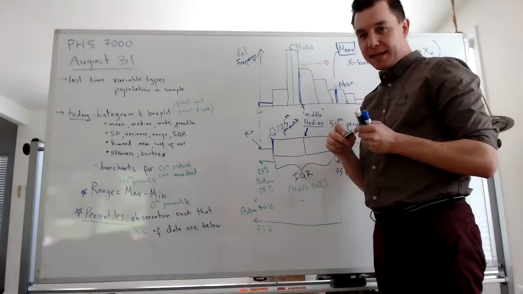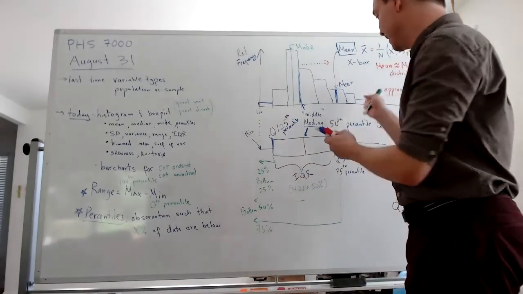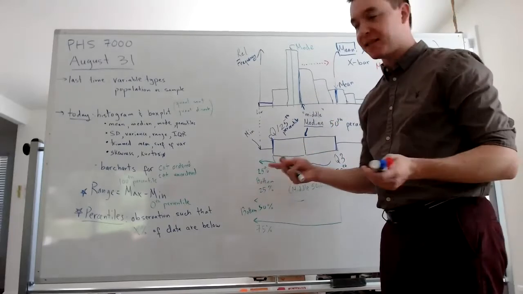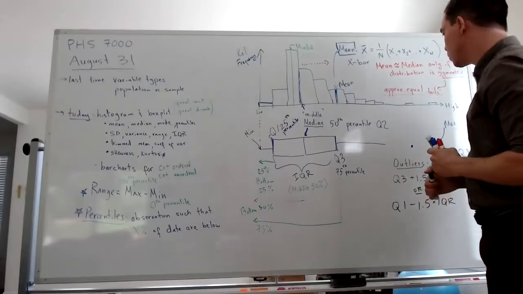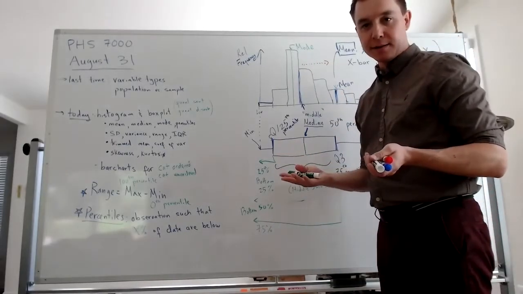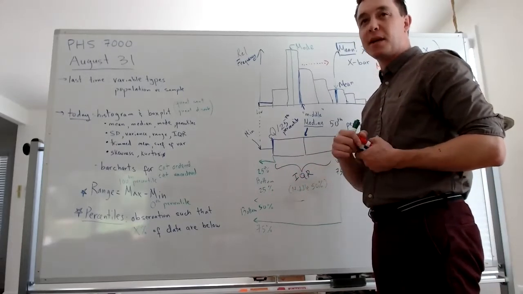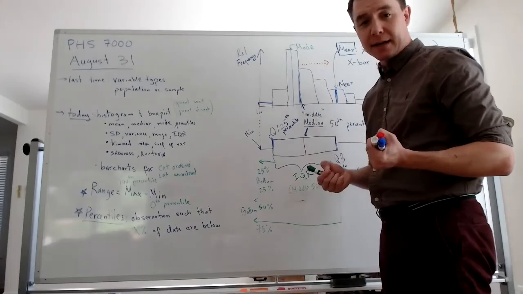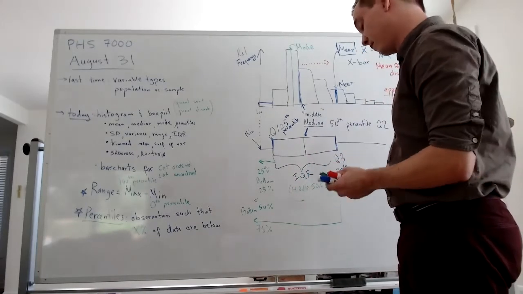And the mode is not tied to outliers. It's not tied to where my tails are. It's not tied to whether my tails are approximately equal. The mode is simply tied to the tallest bar in my histogram. And it maybe has sort of a practical meaning, but maybe not a particularly statistically important meaning.